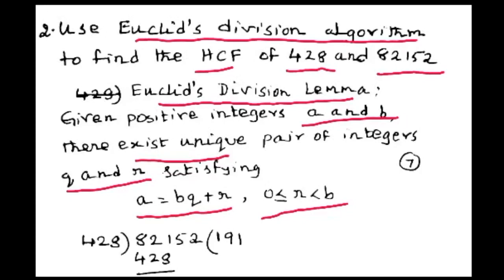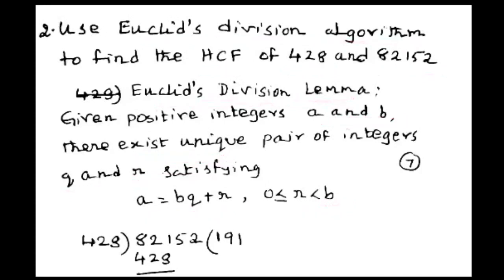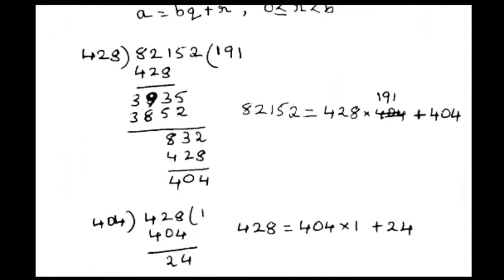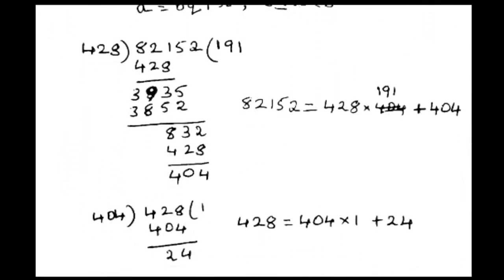Then the larger number is divided by the smaller number. 428 is the divisor, the smaller number, and the larger number is the dividend, 82,152. When it is divided, we get quotient 192 and remainder 404.